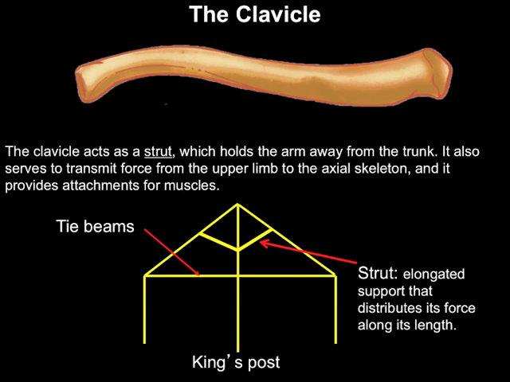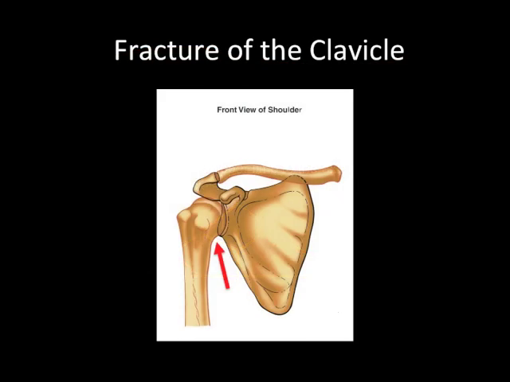To further illustrate this point, let's look at what happens when the clavicle is fractured. Here's a drawing illustrating the wide angle that is present between the arm, the shoulder, and the scapula. The only reason that the arm can swing freely past the trunk region is that the clavicle, acting as a strut, keeps the shoulder region away from the trunk.